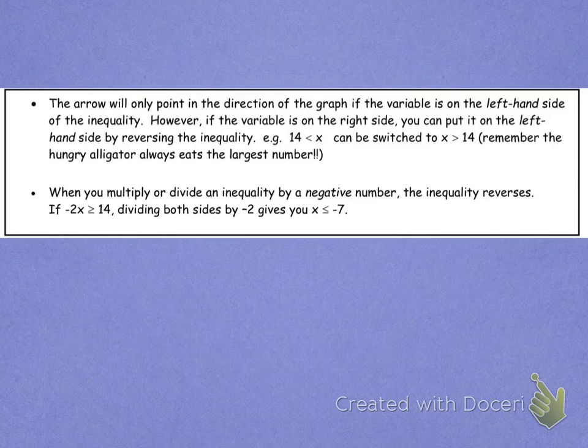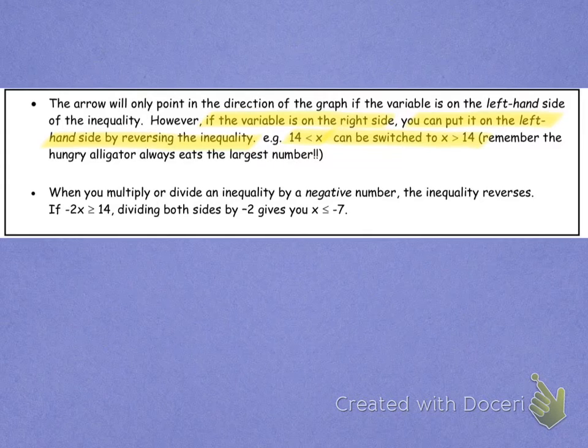Here, I'm going to highlight the important parts. So the arrow will only point in the direction of the graph if the variable is on the left-hand side of the inequality. Okay, so if the variable is on the right side, you can put it on the left-hand side by reversing the inequality. And then here's our example. 14 is less than x can be switched to x is greater than 14.